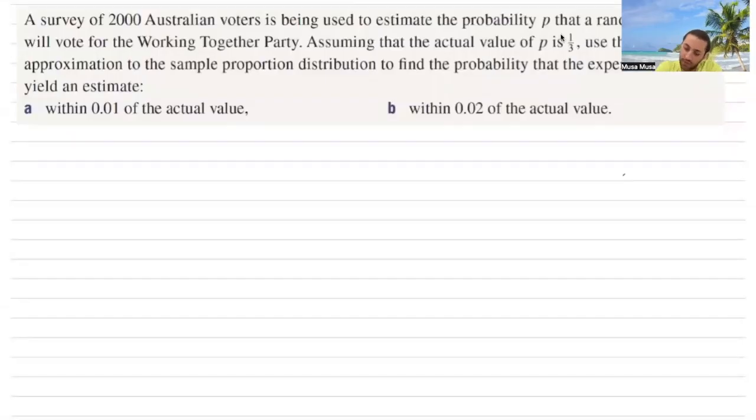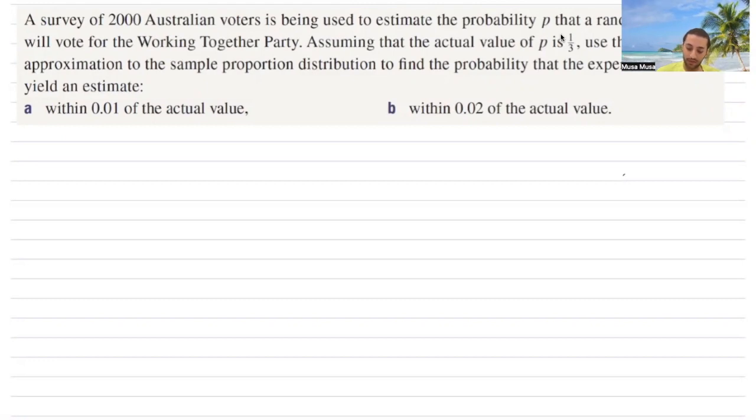So consider this one. A survey of 2,000 Australian voters is being used to estimate the probability P that a random voter will vote for the Working Together Party. Assuming that the actual value of P is a third, use a normal approximation to the sample proportion distribution to find the probability that the experiment will yield an estimate within 0.01 of the actual value, and then within 0.02 of the actual value.